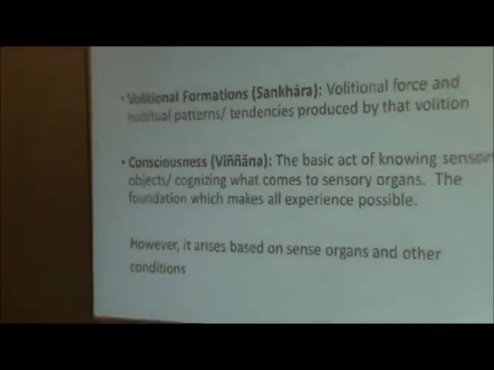At the same time, I also have volitional force to react to different situations, which is influenced by my earlier habitual patterns, and I will strengthen my old patterns if I react in the same way. Or I also have a choice to change my reaction, change my volitional actions, and maybe weaken my unhealthy patterns or strengthen my healthy patterns. So volitional formations is the biggest thing here. It's like our character. But one important thing is that it's not fixed. It's not permanent.